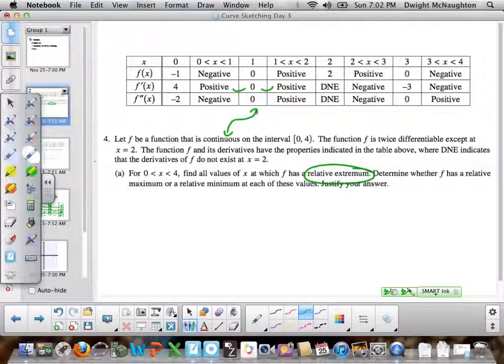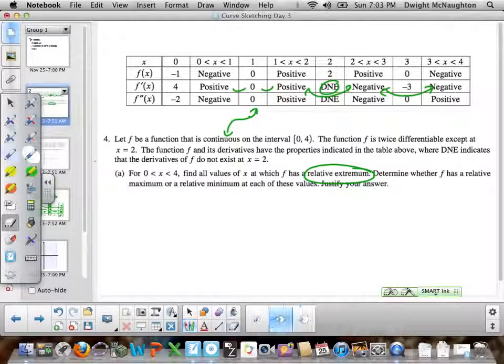That is not an extremum, because from left to right, it's still getting higher. Here we go from positive to negative. We cross over, does not exist. This is an extremum. Again, this stays negative the whole way, so that's not an extremum either.